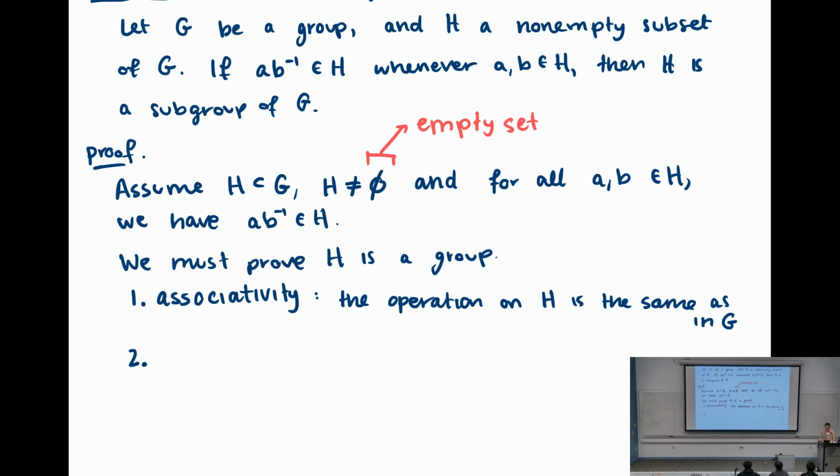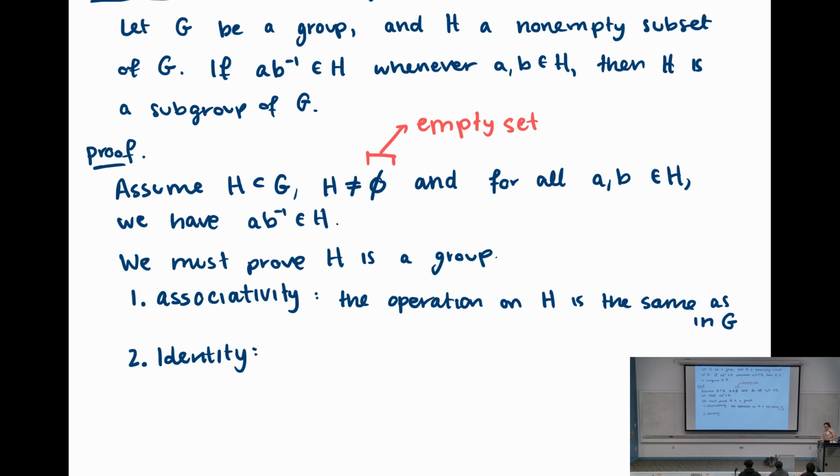Okay, the next one is the identity. How can we see that H contains the identity element? If we choose A and B to be the same, then A times A inverse is the identity.